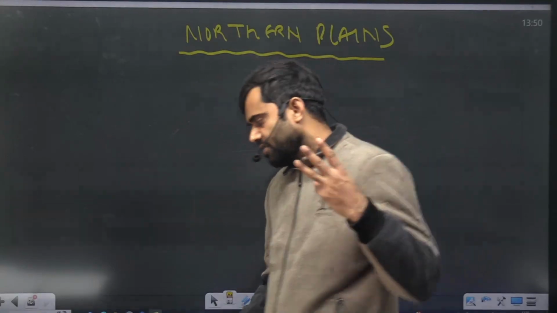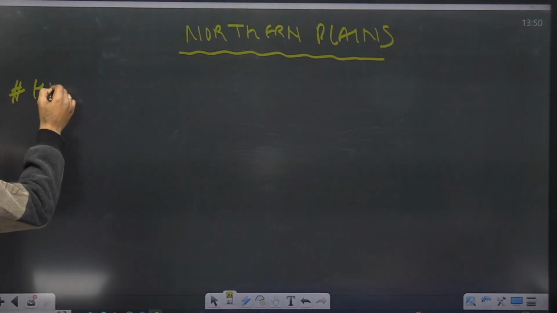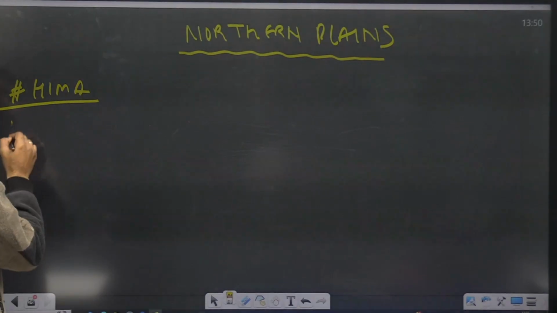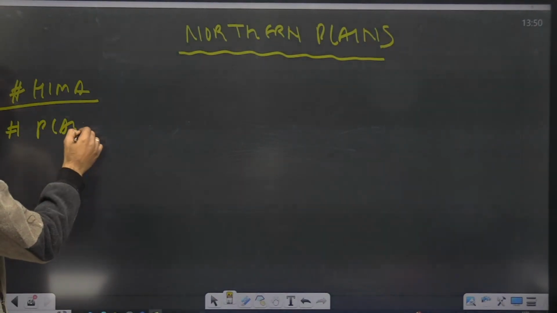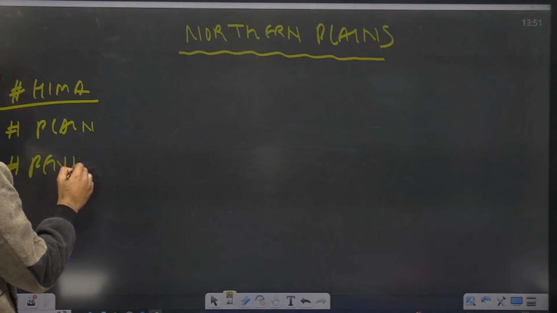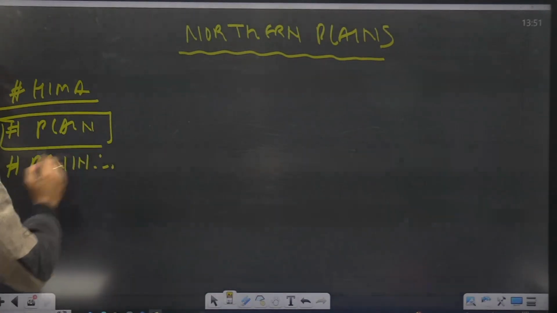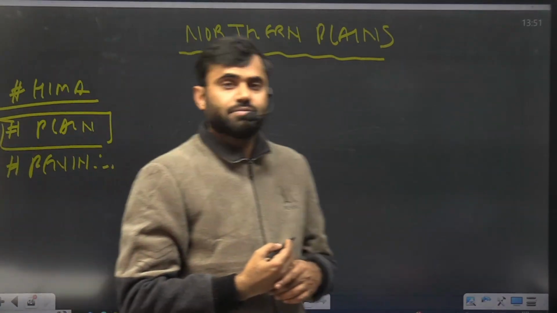There are three physiographic regions in India. First is Himalaya. Second is plains, which we are going to deal with, and third is peninsula. So in this class, we will try to discuss the plains of India, the northern plains.